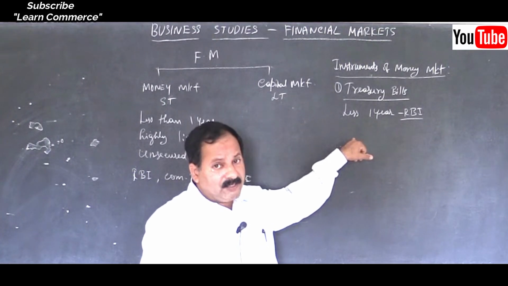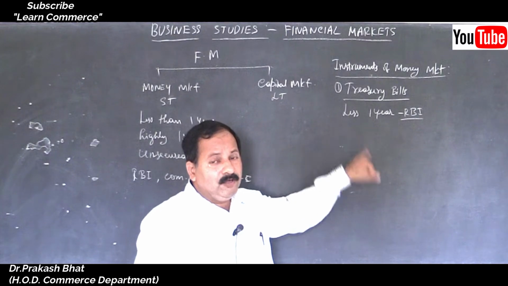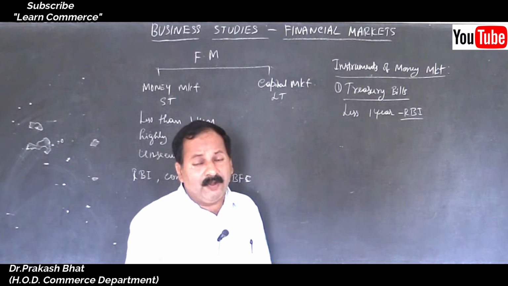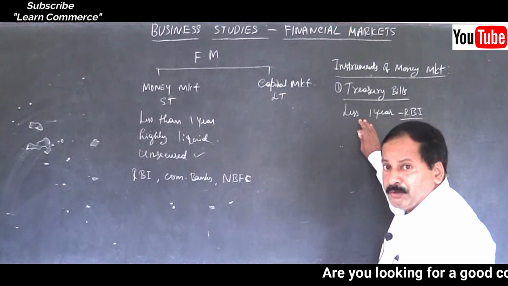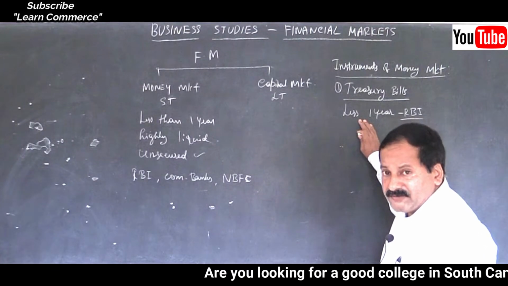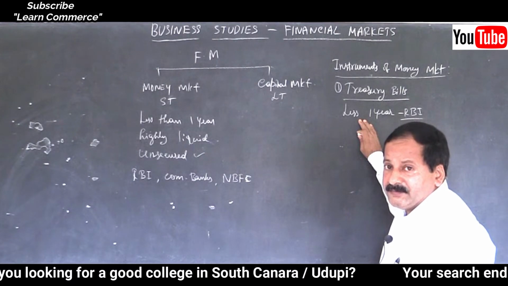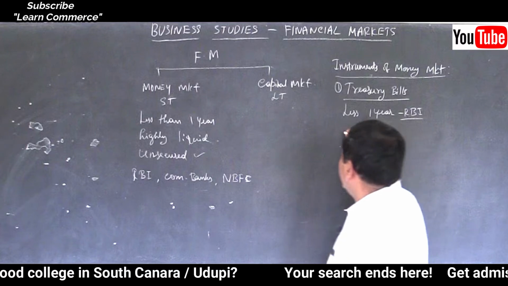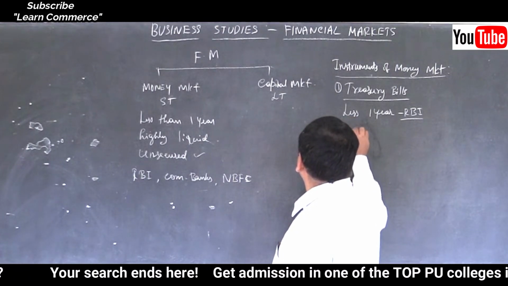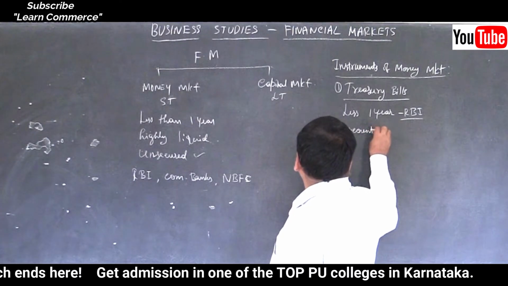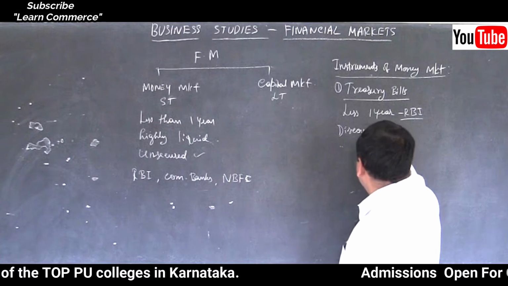They are instruments of a lower period, lower term, and they are unsecured, but the return is almost guaranteed, and they are issued at a discount. We call it the coupon rate, and they are redeemed at par.